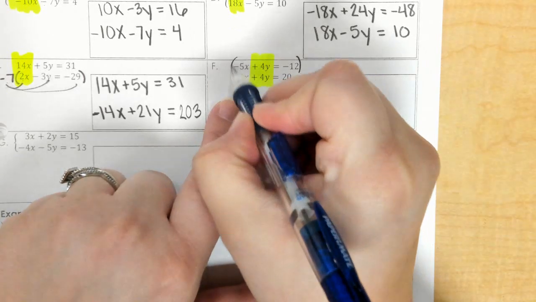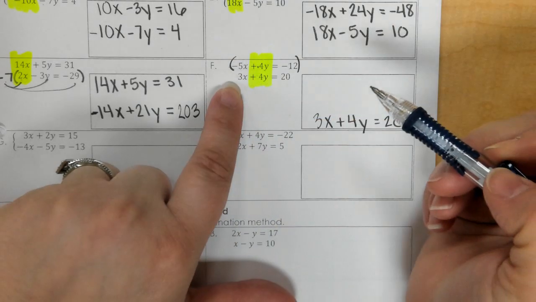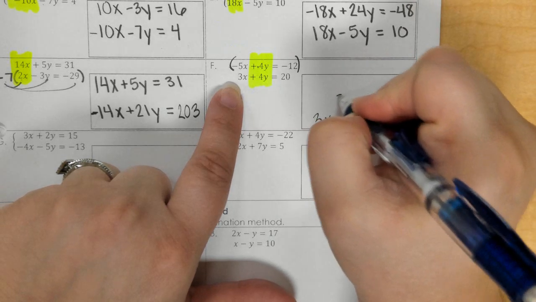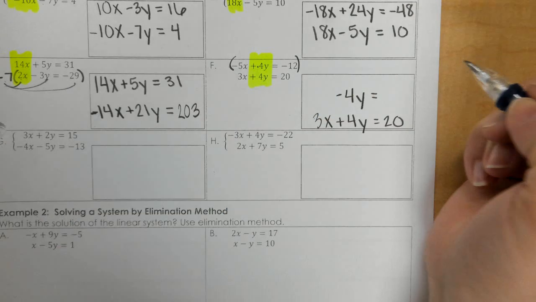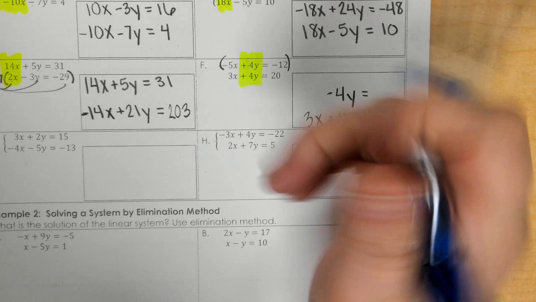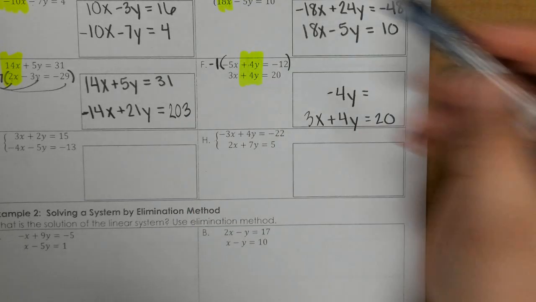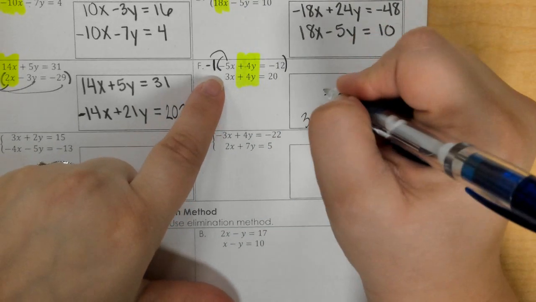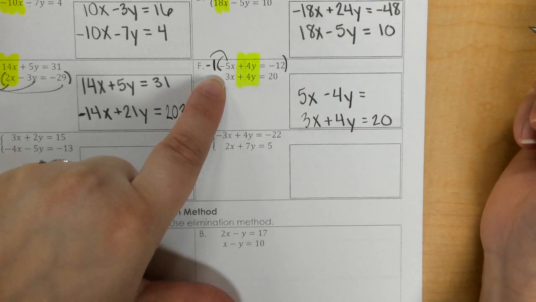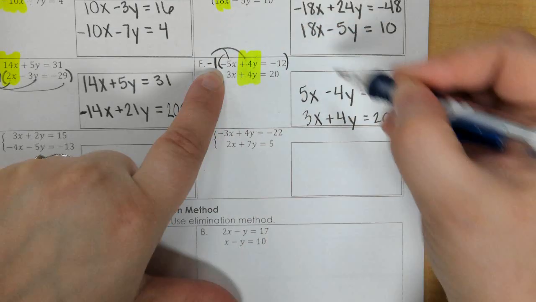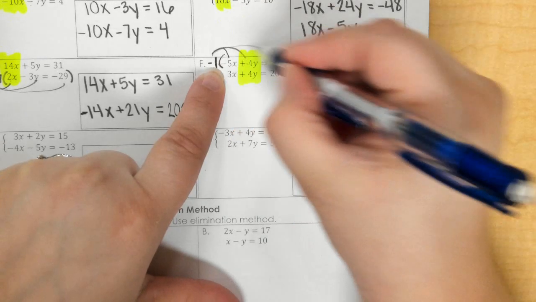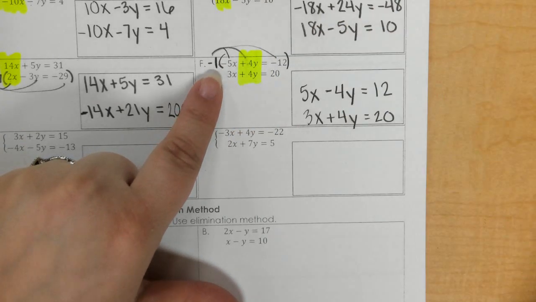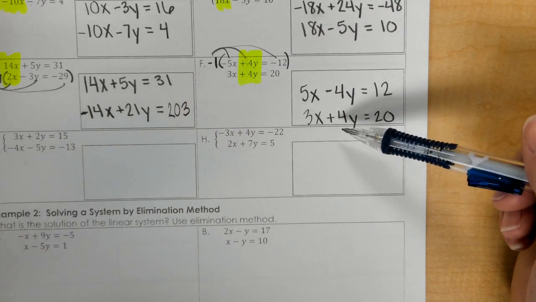But I need to know what times 4y would give me a negative 4y. And that has to be negative 1. So if I distribute a negative, I get positive 5x, negative 4y, and positive 12. And as you can see, we have opposites.